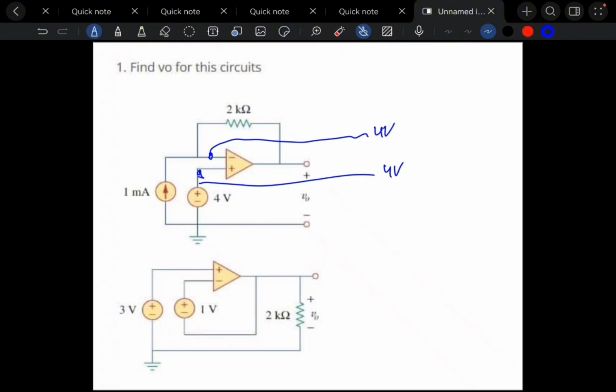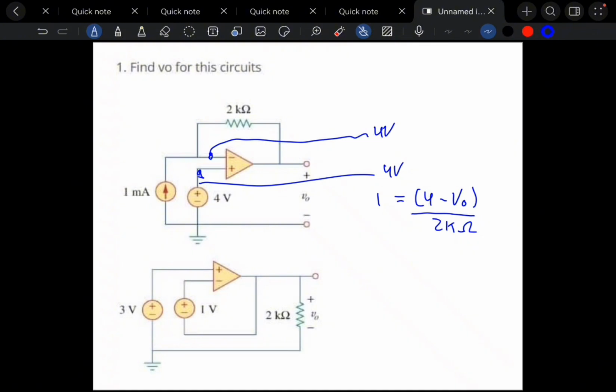Okay, and then the next step is we just apply the KCL at node A. So 1 equals (4 minus V0) divided by 2k ohm.